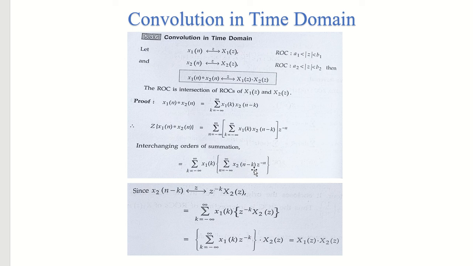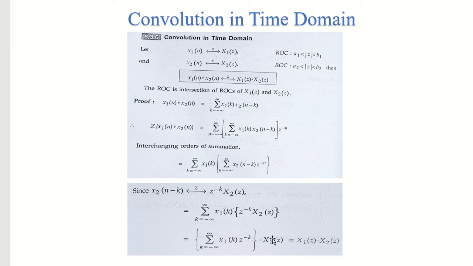We are having n minus k here. So what will be the z transform of it? It will be z raised to minus k times X2(z), and the remaining term, summation k equals minus infinity to infinity x1 of k, will remain as it is, and we can also call it z inverse k X2(z), right?